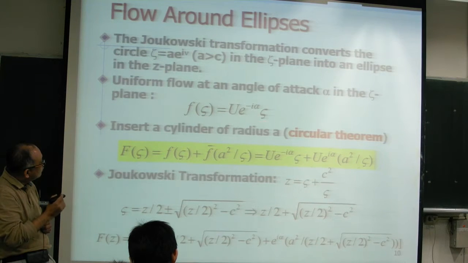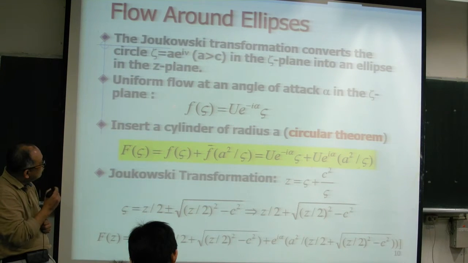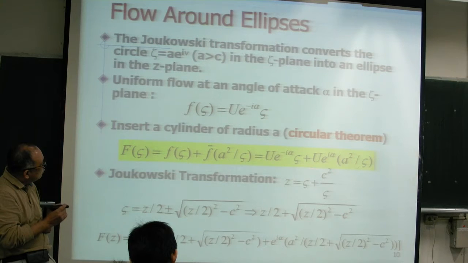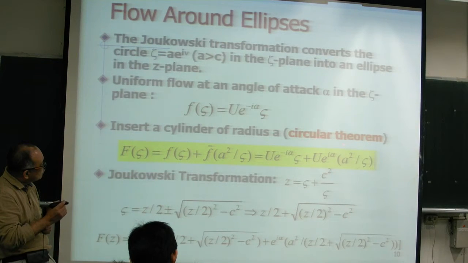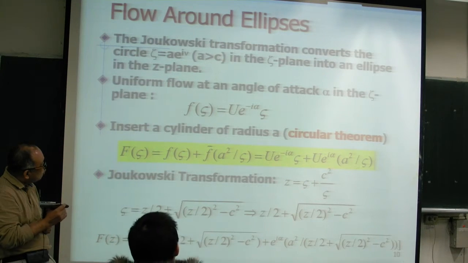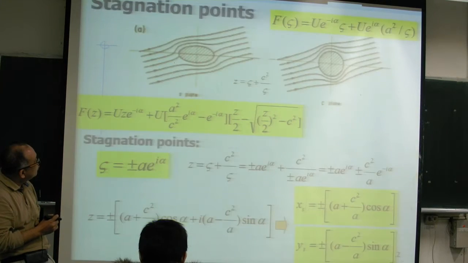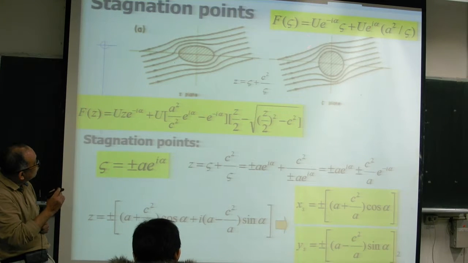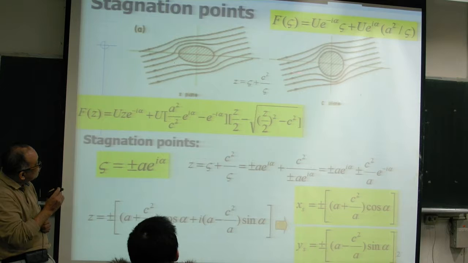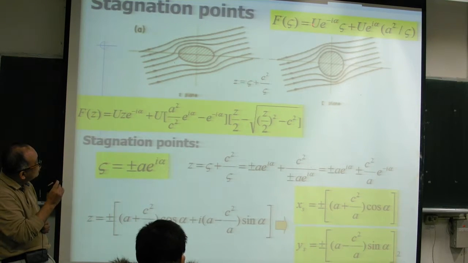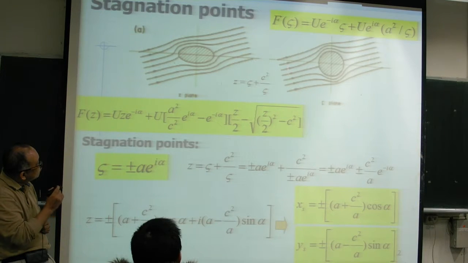This is a flow around a so-called uniform flow, and this is the flow. We apply the circle theorem, and this is the flow over a cylinder with angle of attack alpha. That will be something related to this. The flow pattern for this complex potential will be flow over a cylinder with angle of attack alpha. So this is the complex potential we have for this flow field.